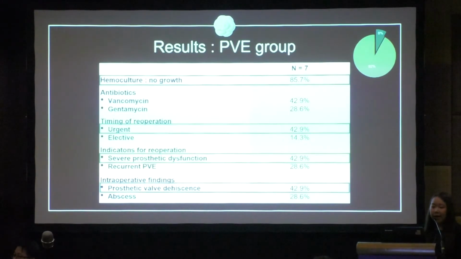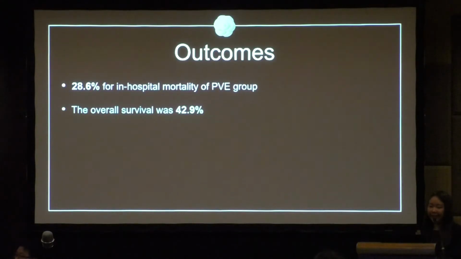The timing of reoperation was urgent, and the indication for reoperation was severe prosthetic dysfunction due to prosthetic valve dehiscence. The in-hospital mortality in the group was around 28%, and the overall survival was around 42%.